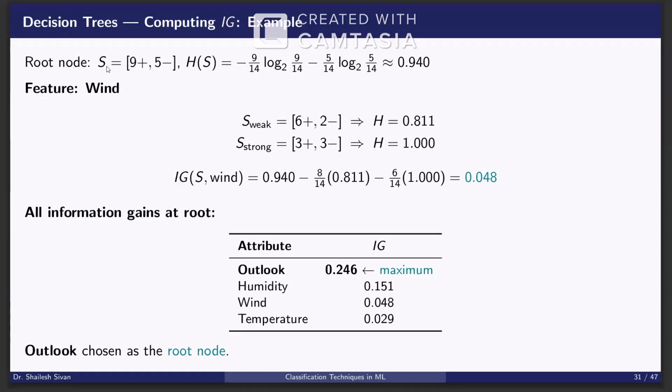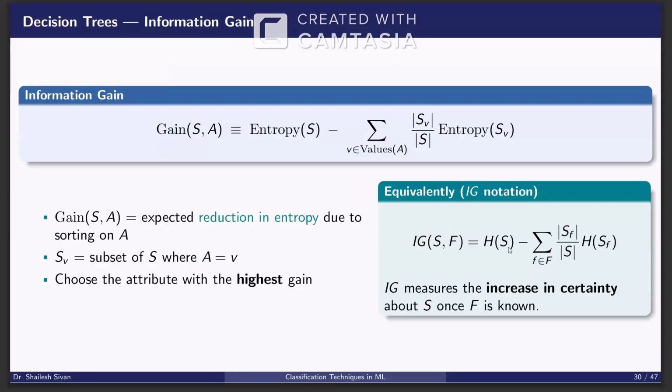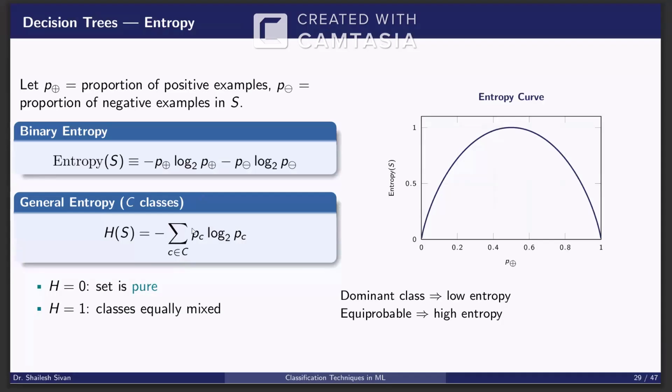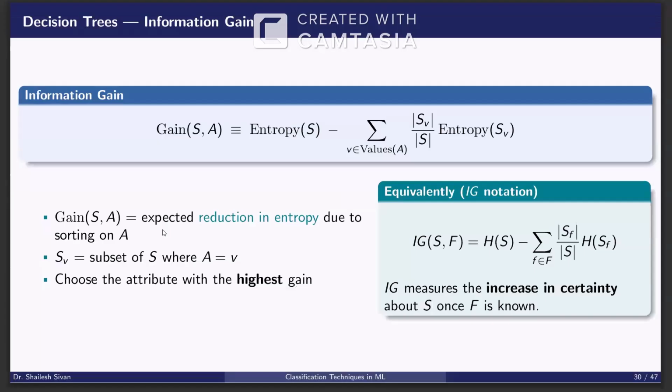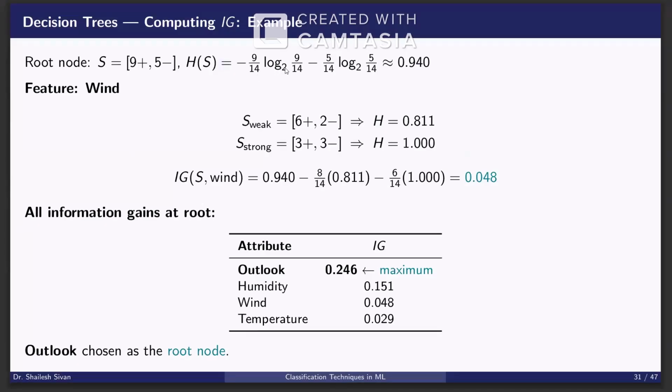So what is the entropy of that target? It is the sum over each class of the probability times log p, with a minus sign. So minus of 9/14 log 9/14 plus 5/14 log 5/14 gives 0.94, the entropy of the target, right?